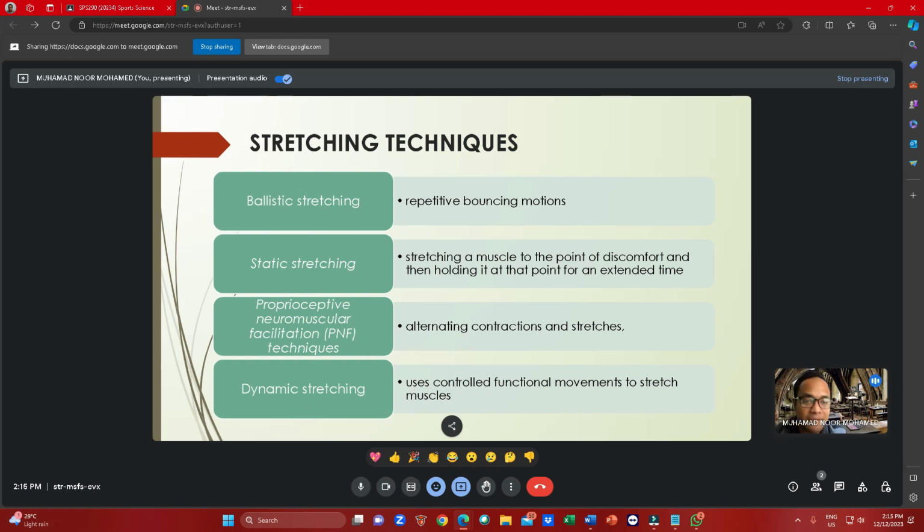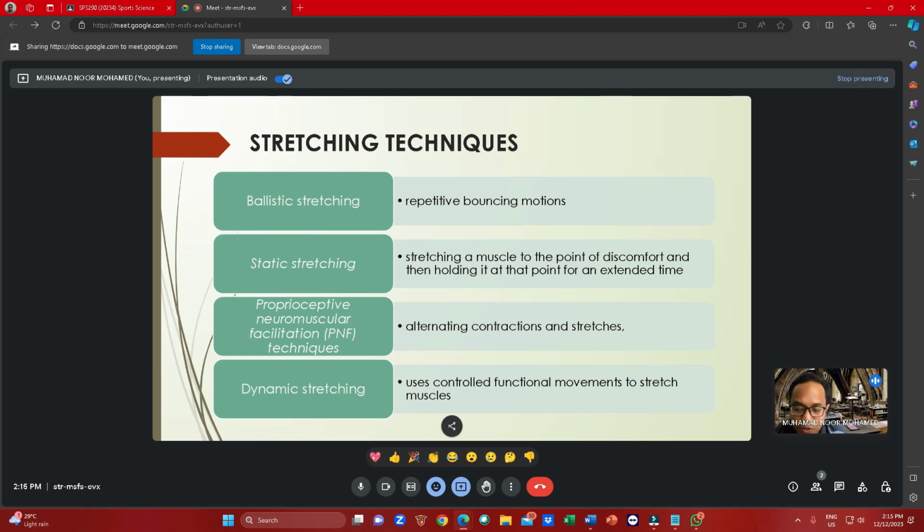Other than that, we have ballistic stretching, a repetitive bouncing motion. When you see ballistic, it involves power, a burst of force being expelled out. This is the most controversial type of exercise because it causes more damage than benefit if the body is not accustomed enough.